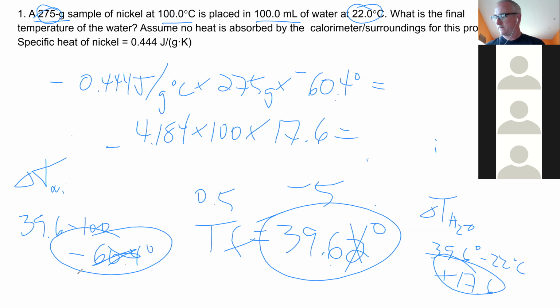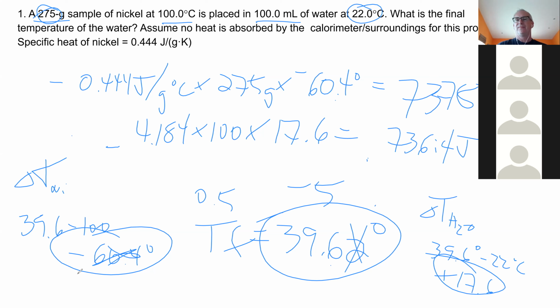Times 275. Right. So 73.75 joules. And 73.64.